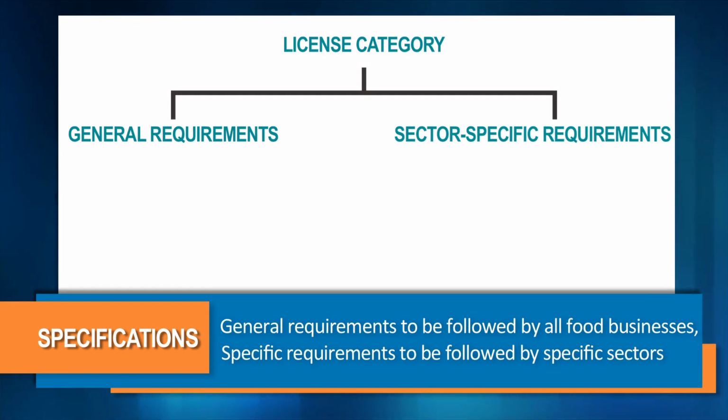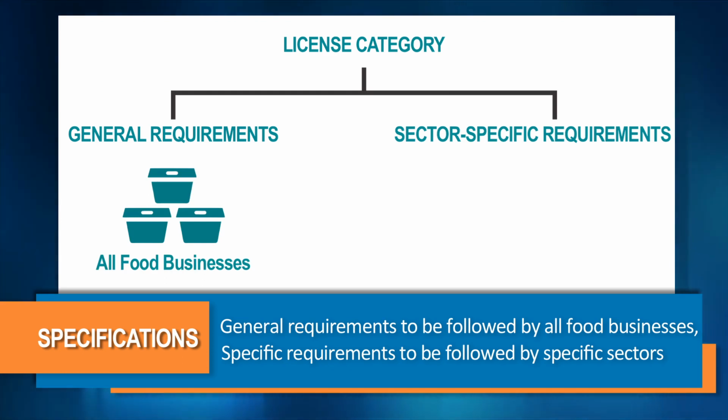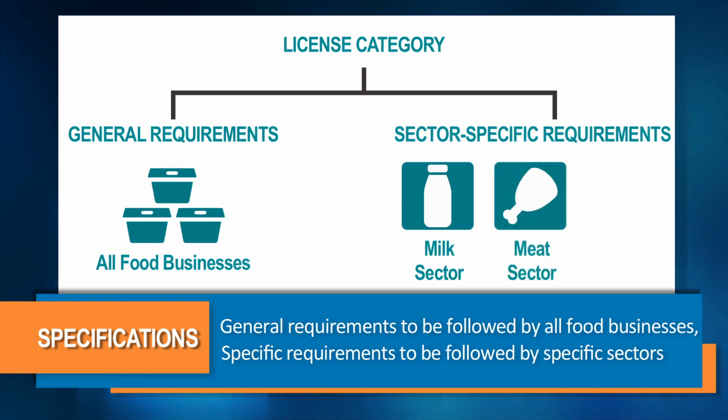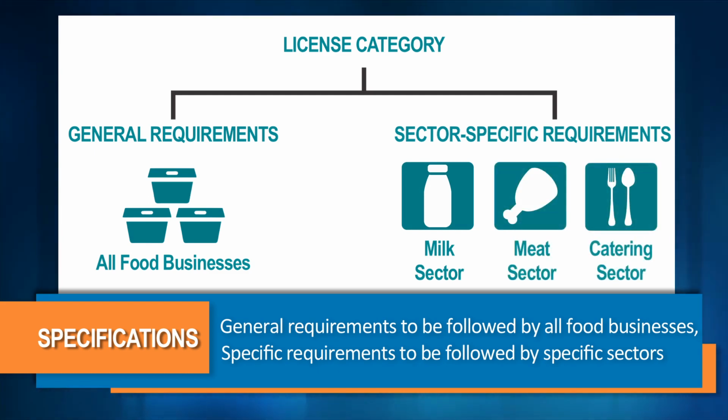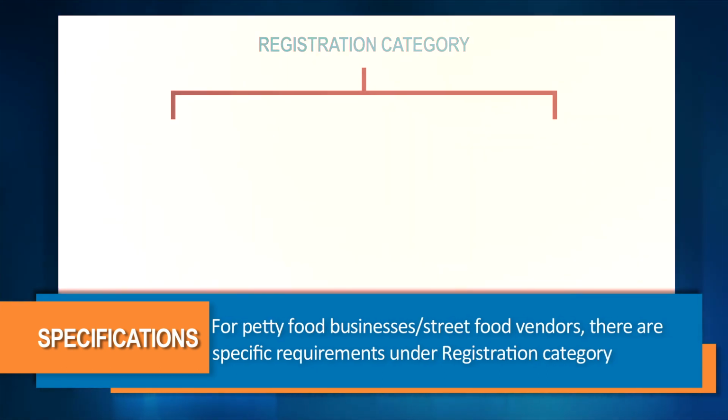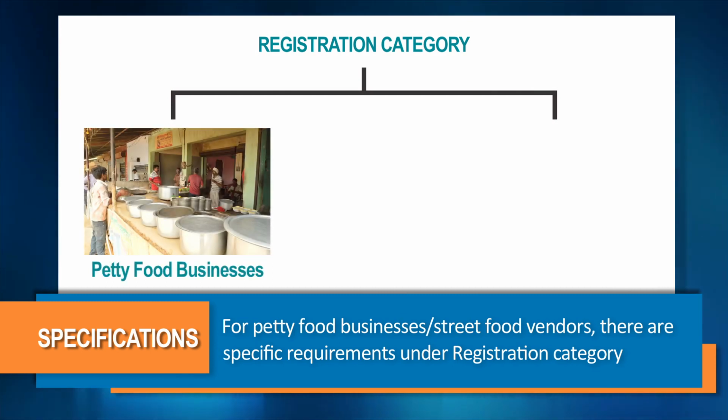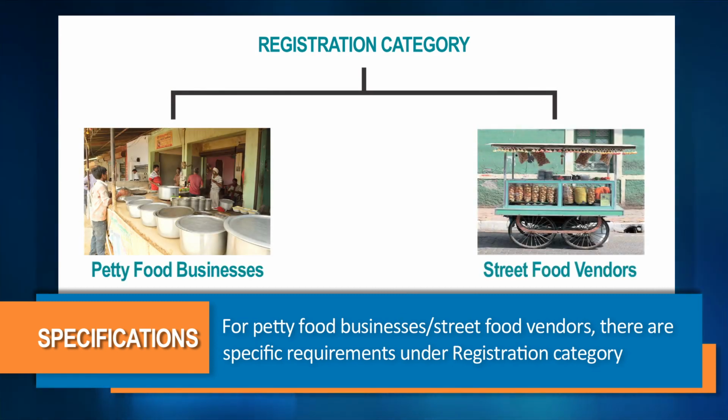General requirements are required to be followed by all food businesses, while specific requirements are required to be followed by specific sectors such as milk sector, meat sector, and catering sector, in addition to general requirements. For the petty food businesses and street food vendors, there are also specific requirements under the registration category.